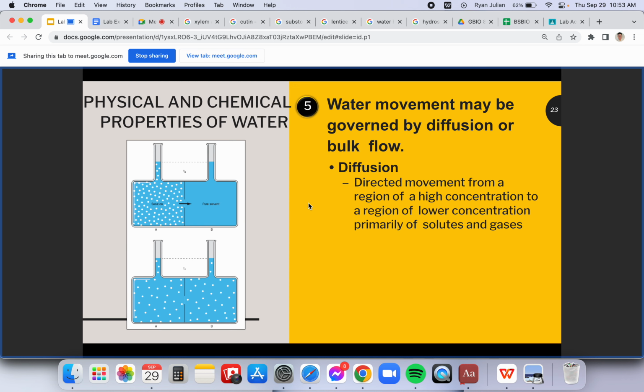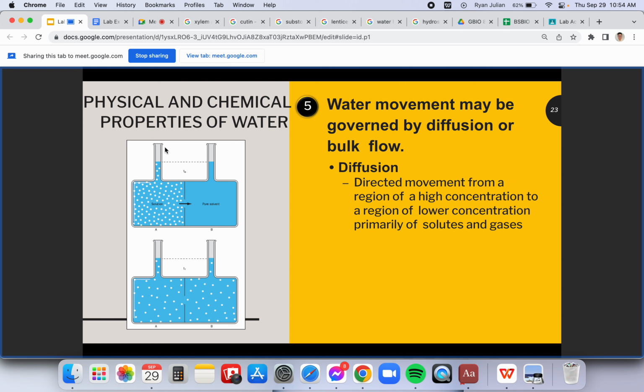Okay. Now, let's talk about diffusion. It is the directed movement from a region of high concentration to a region of lower concentration, primarily of solutes and gases. One of the importances of diffusion is that it enables the occurrence of neutralization. Kapag sinabing neutralization, it is the ability of diffusion to distribute an equal amount of solution to the pure solvent.